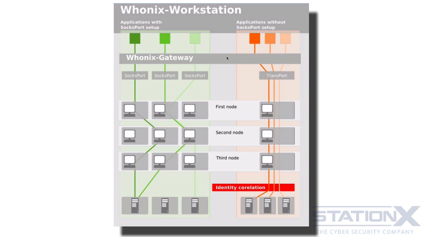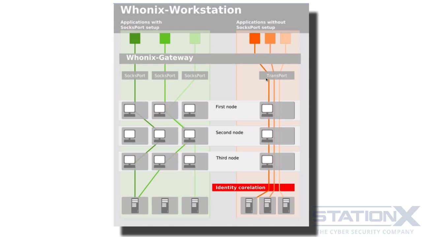The Whonix gateway here acts as both a transparent Tor proxy and a SOCKS proxy. Transparent means that even if downloaded applications aren't configured to use Tor, they will still go through the Whonix gateway and be transparently Torified. Transparent as in transparent Tor proxy.